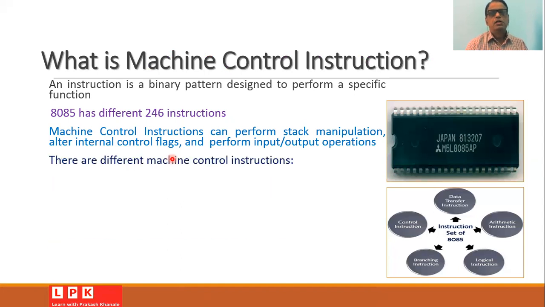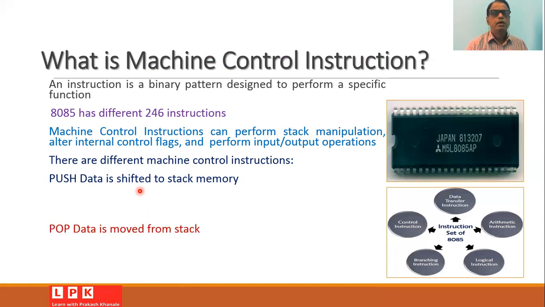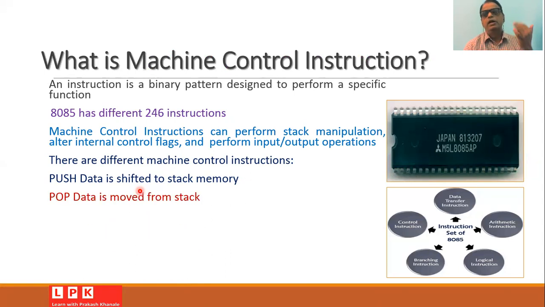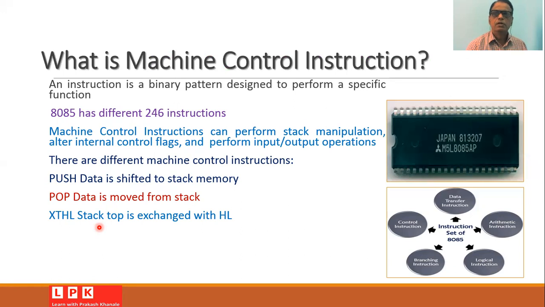There are different machine control instructions. For example, we have PUSH, where the data is shifted into the stack memory. Whenever we want to read data from the stack memory, we can use the instruction POP, where the data from the stack is retrieved. We have the instruction XTHL, where the top of the stack is exchanged with the content of the register pair HL.